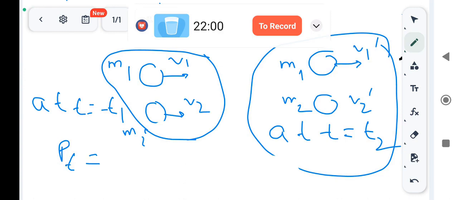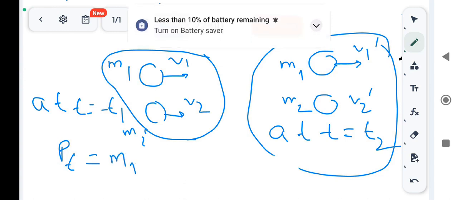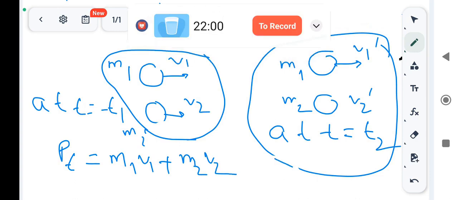At this point the total momentum is m1 v1 plus m2 v2, and here pt dash equals m1 v1 dash plus m2 v2 dash.